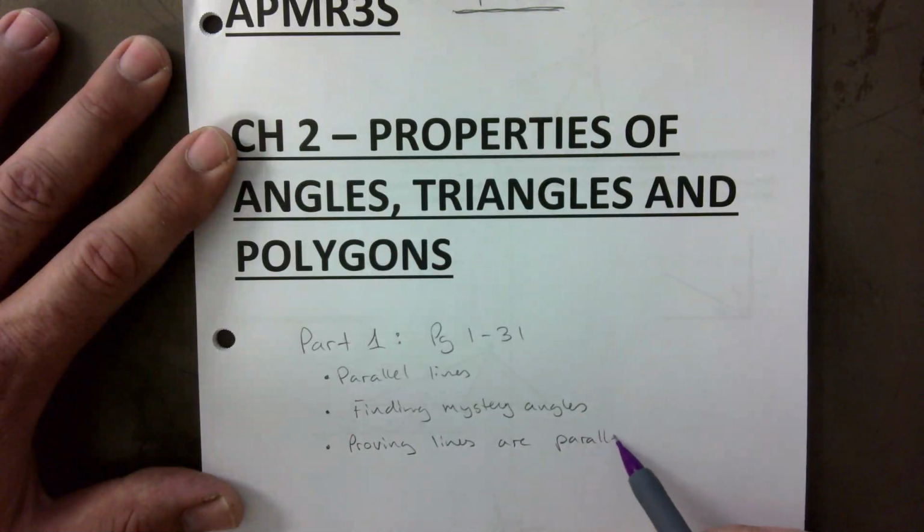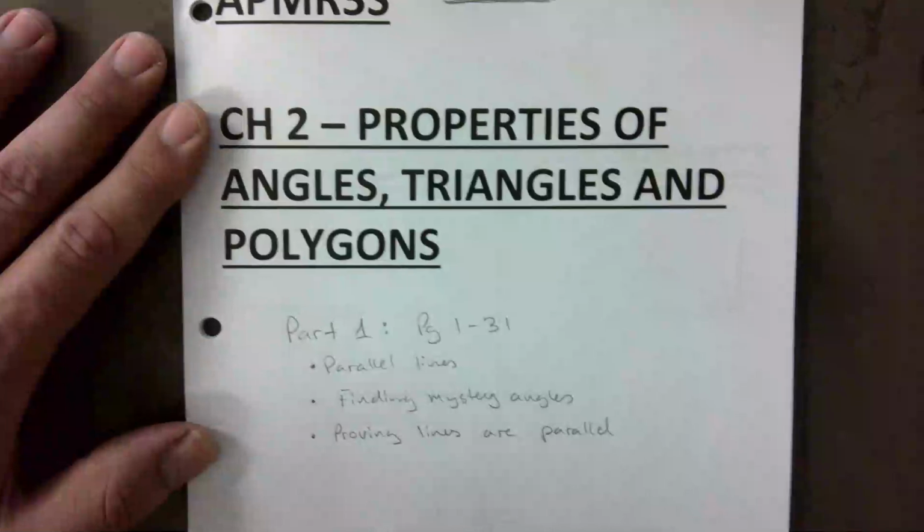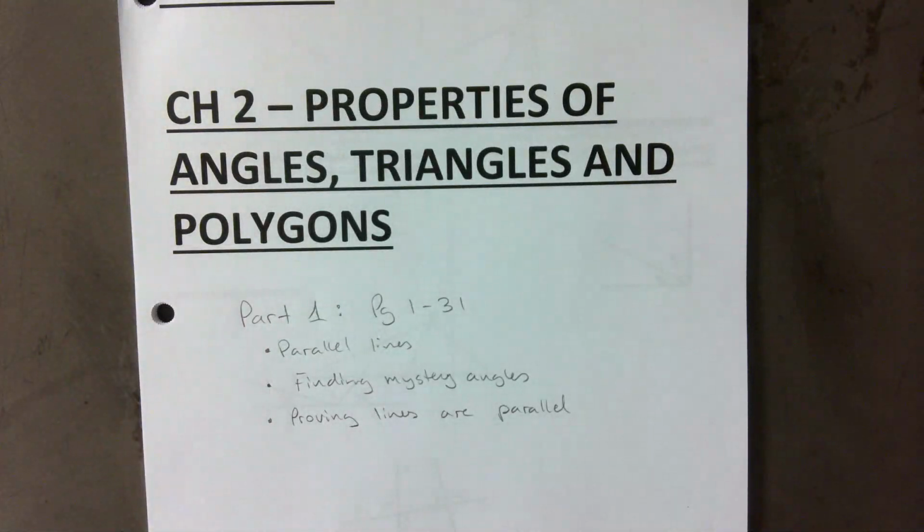Okay, so if you're thinking, oh boy, why are there so many pages here? They're basically doing the same thing. I just increase the difficulty as we get to the higher page numbers, okay?